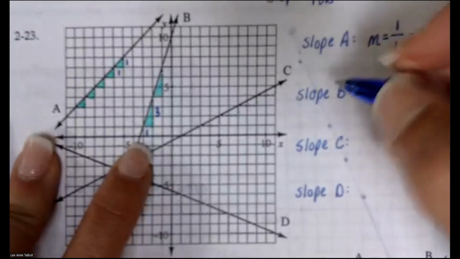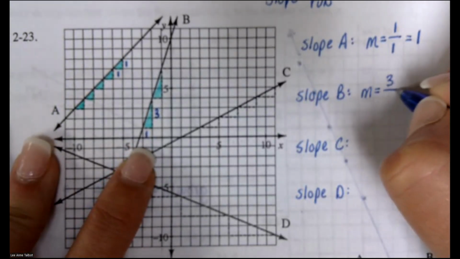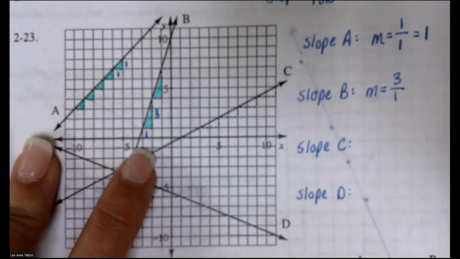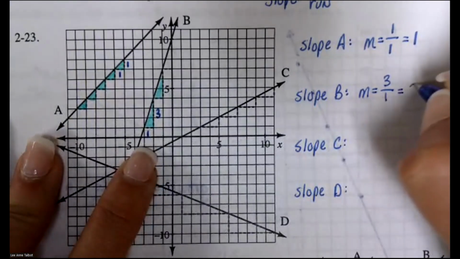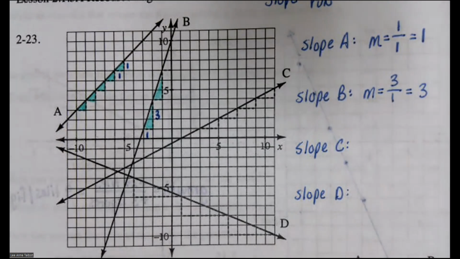So that means the slope is 3 over 1. Rise over run, which is 3. Okay, you're starting to see where the numbers are coming from?